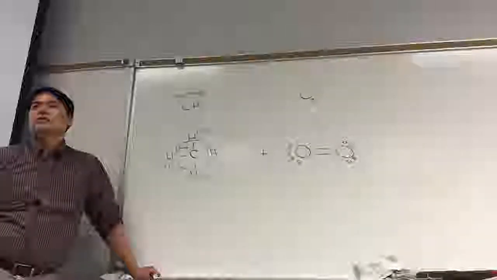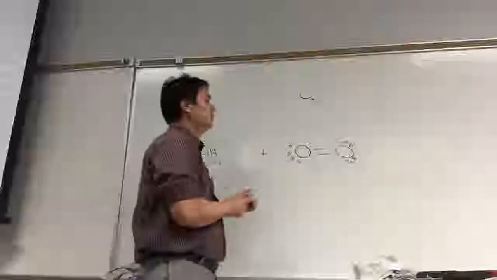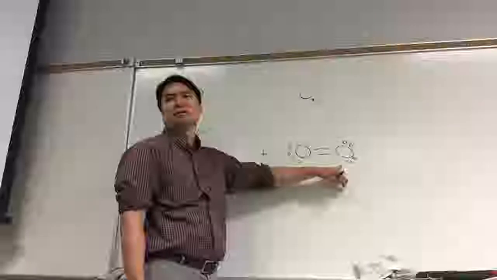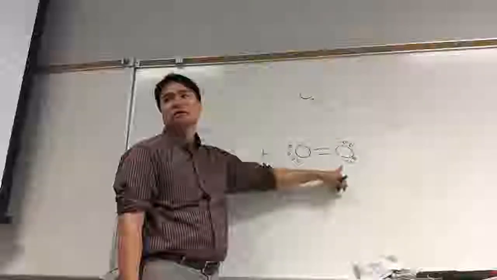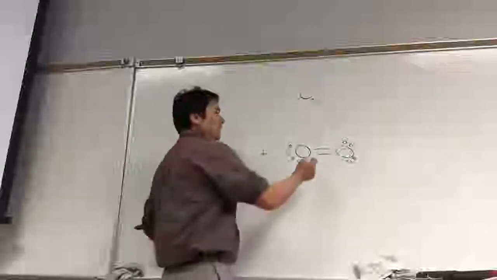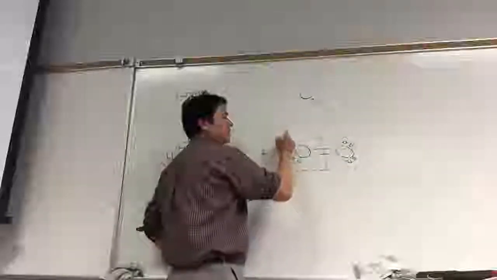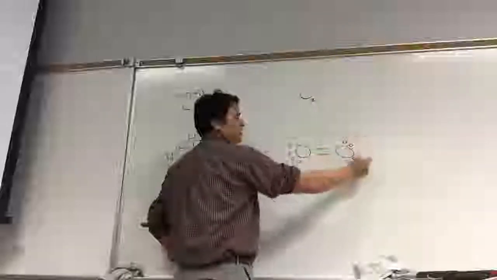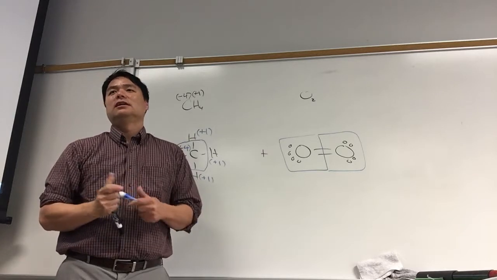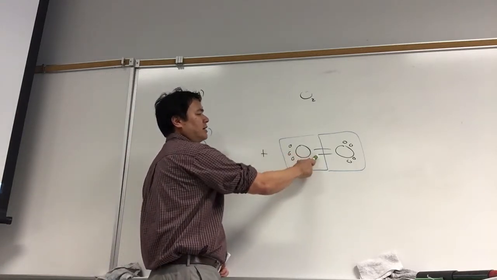What are the oxidation states of oxygen? It's winner take all. And so winner take all means oxygen versus oxygen. Who wins? Who's stronger? Obviously, oxygen versus oxygen is going to result in a tie. And so how many electrons does oxygen have? 2, 4, 6.